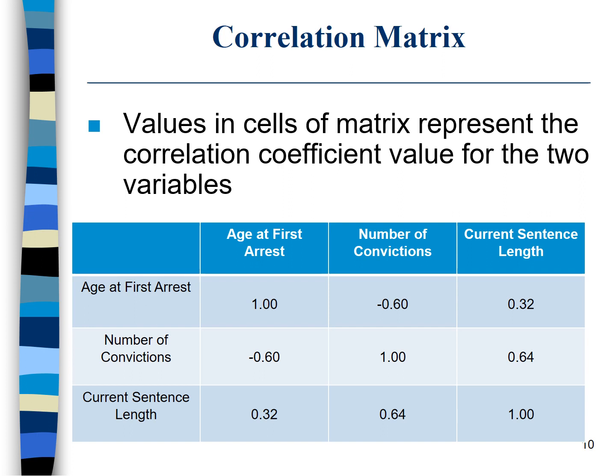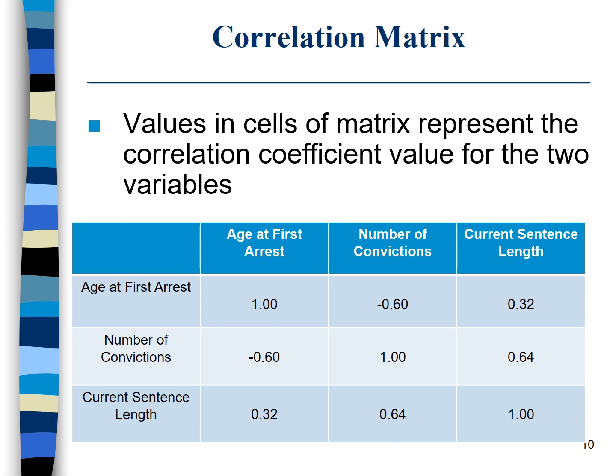Remember, do not focus on the 1.00s. No, no, no. Those tell us nothing. Instead, I'm looking at one of those other ones and I go, okay, there it is. 0.64. 0.64 is greater than 0.32. And the absolute value of 0.64 is greater than that 0.60, the negative one that we saw.